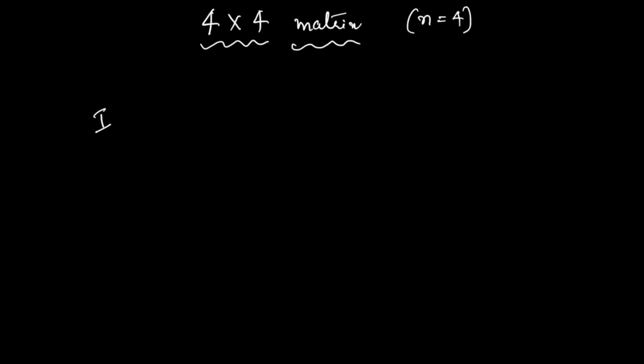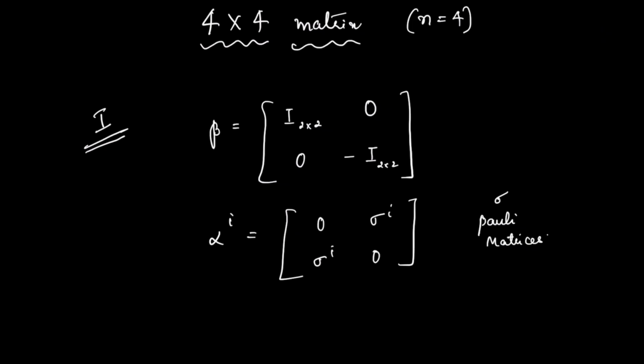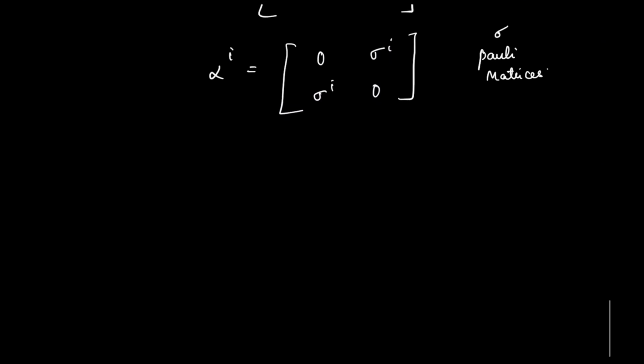The first solution is beta is equal to a 2 cross 2 identity matrix, 0, 0, minus the identity, and alpha i is equal to 0, sigma i, sigma i, 0. Here the sigma i are the Pauli matrices.